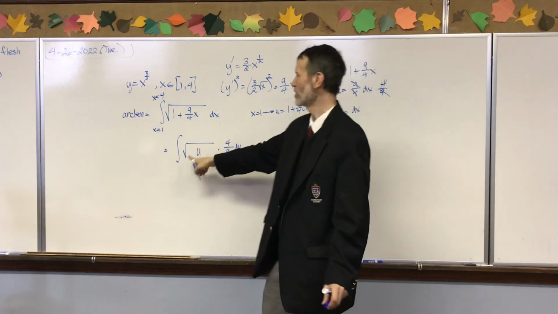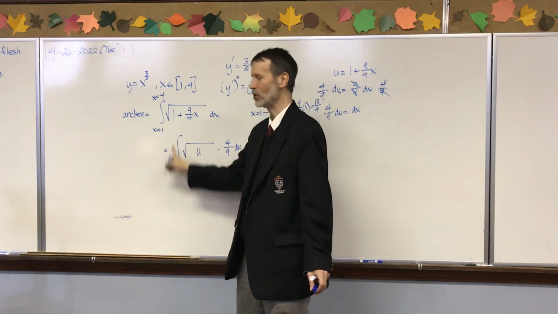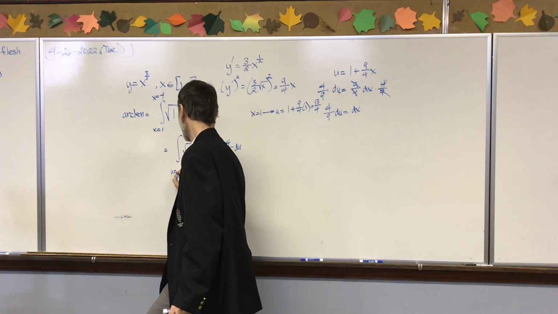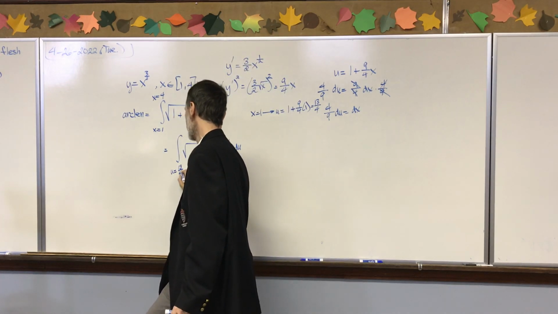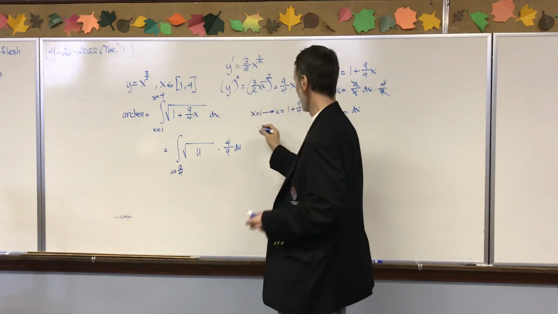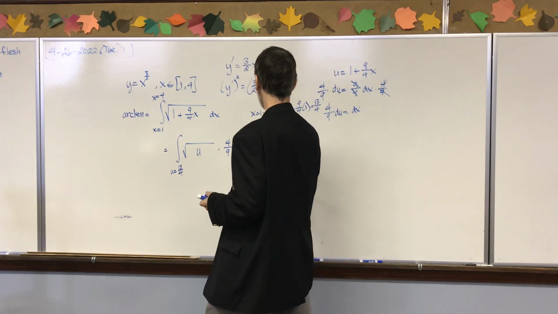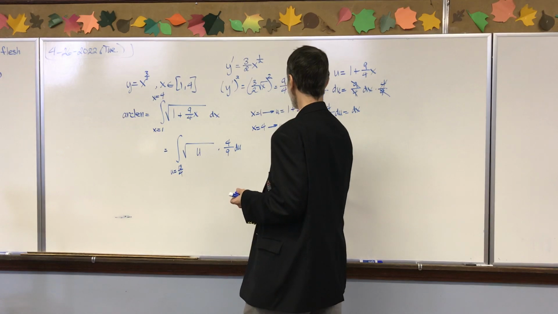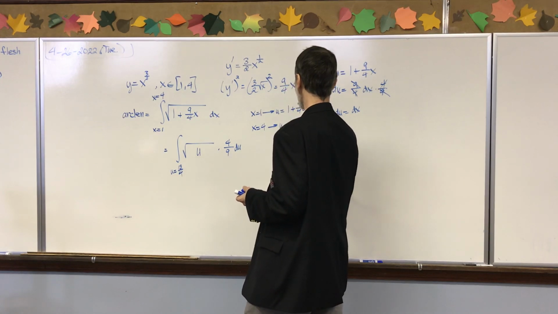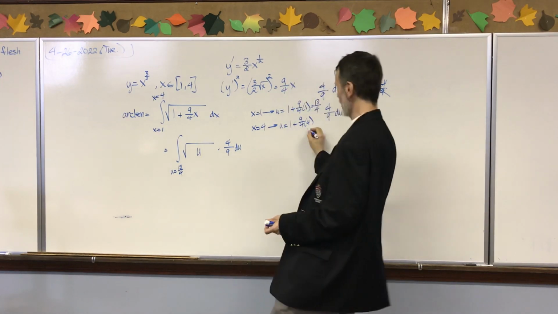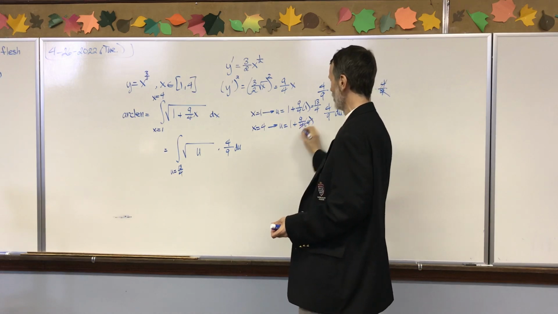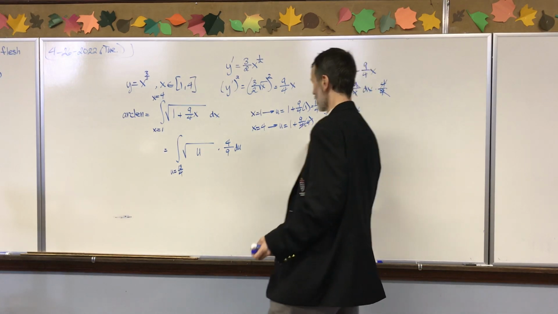In other words, I have to switch the boundaries from x's to u's. So u is going to go from 13/4 to something else, I don't know yet. If x is equal to 4, let's see what it is. So u is equal to 1 plus 9/4 times 4. That's actually kind of nice. The 4's cancel, and it makes u equals 10.